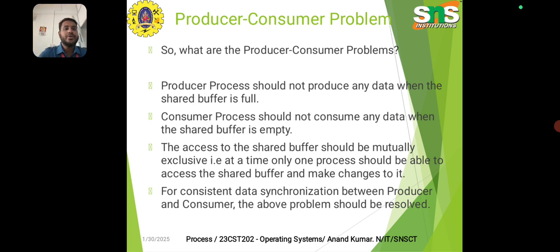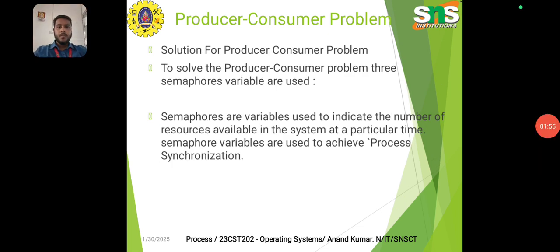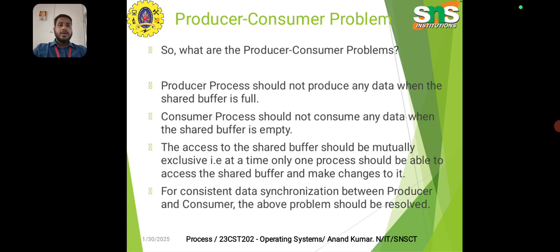The producer process shouldn't produce any data when the shared buffer is full. The consumer process shouldn't consume any data when the shared buffer is empty.